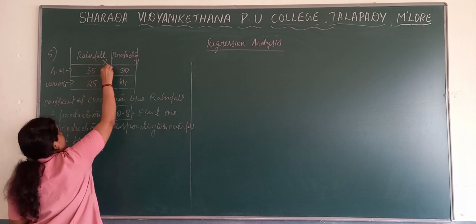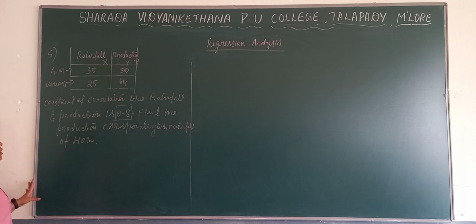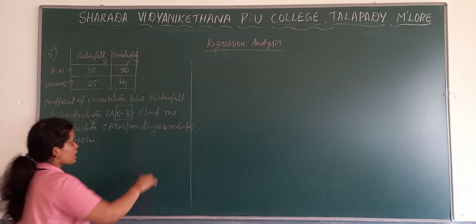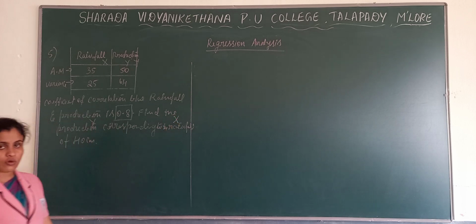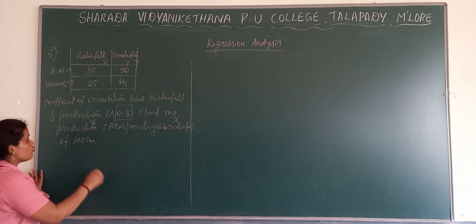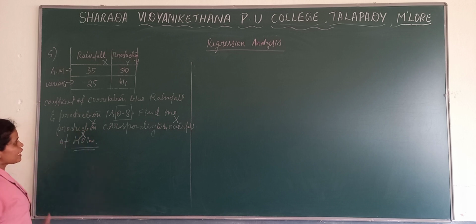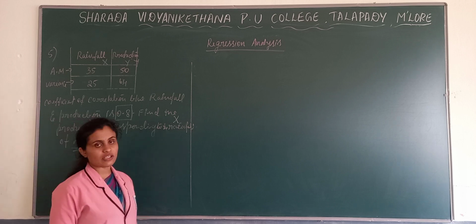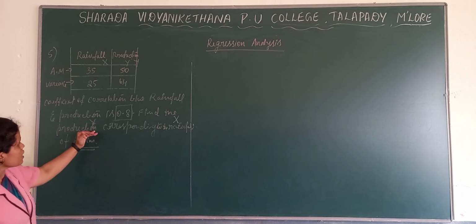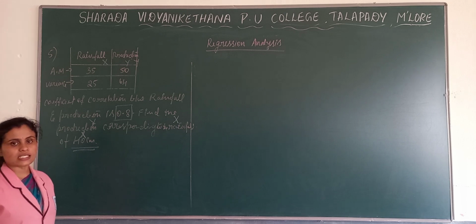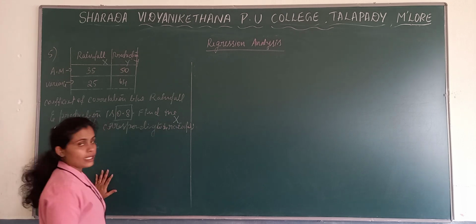This is x and this is y. So find the production corresponding to the rainfall, that is x. So y on x. When rainfall will be 40 centimeter, find production, that is again y on x.